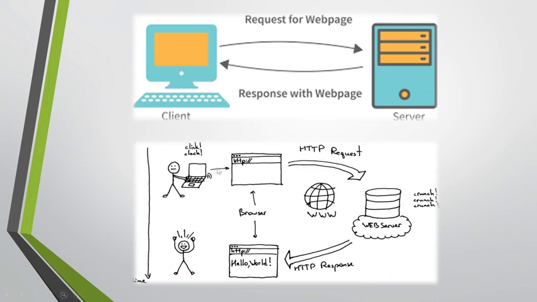So when Rudransh enters this URL and clicks enter, that request will move to the server, and the server will do all the processing and apply the backend logic, and then send the required files which the client actually wants. Let's say the required file is hello world.